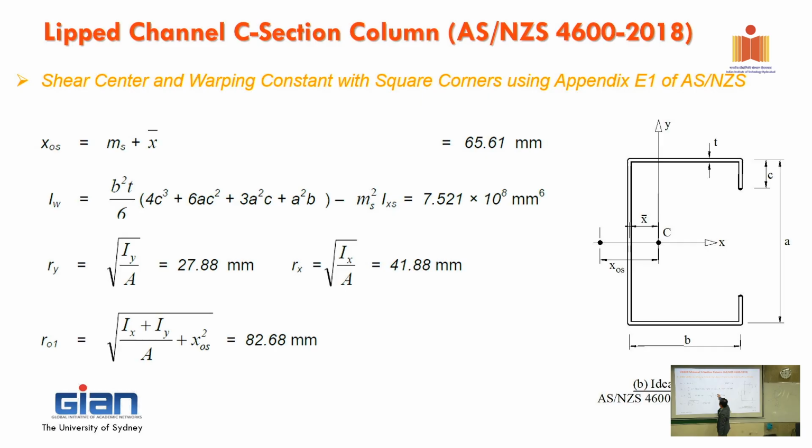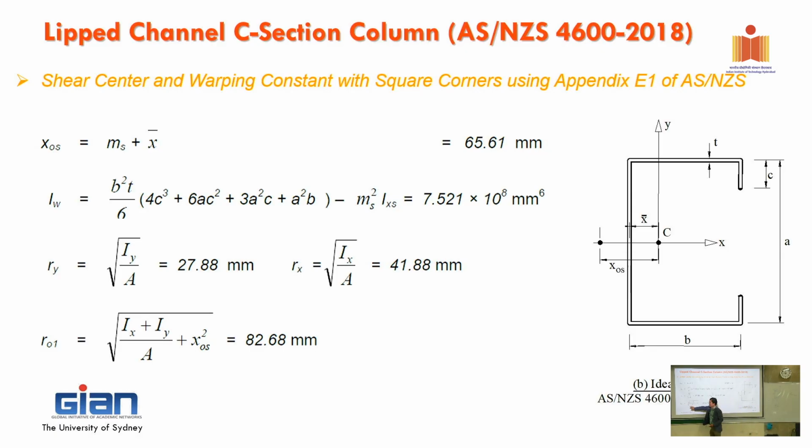And then from that, you get this RY and RX based on this equation, square root of IY on A. A is the total area, okay? And then from those two, RX and RY, you plug into the equation, you get RO1. So this is how you do it, okay? Very straightforward. It's just rearranging, put the numbers in, and then you get that.